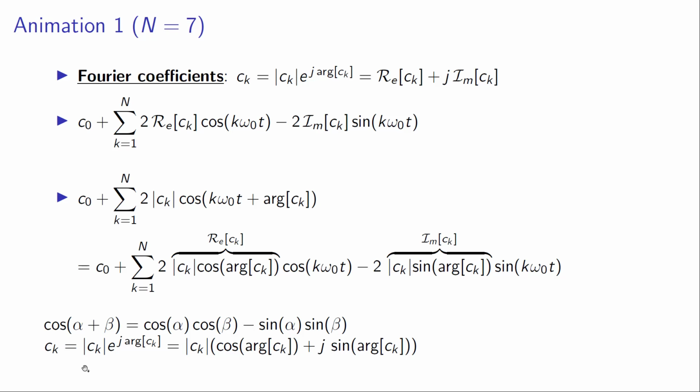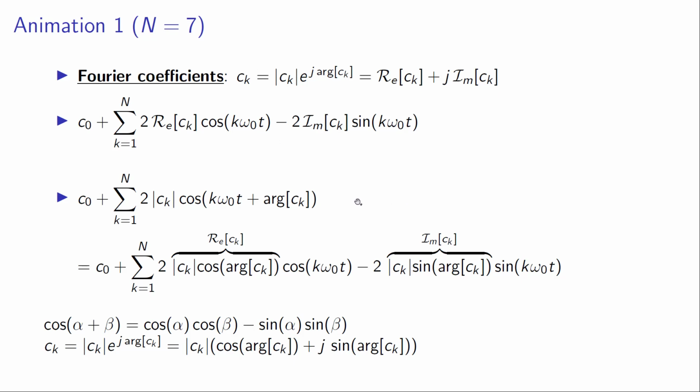Remember, this was the polar expression of c_k. If you rewrite this complex exponential as follows, you can clearly see that this is the real part of c_k and the modulus times sine is the imaginary part of c_k. So we have just shown that these two expressions here are completely equivalent if you work with these Fourier coefficients c_k.